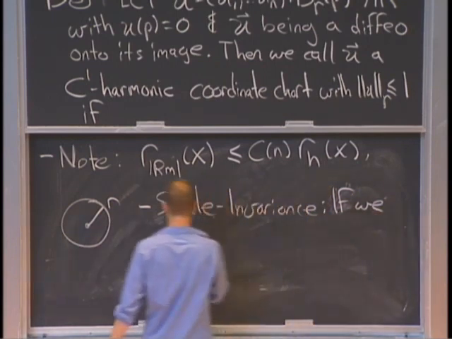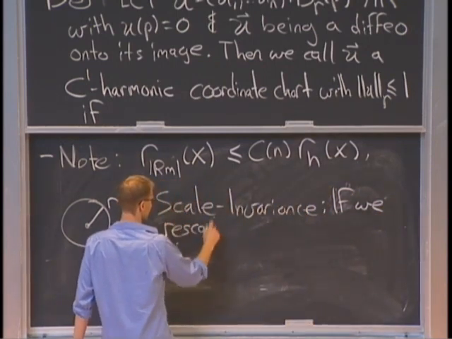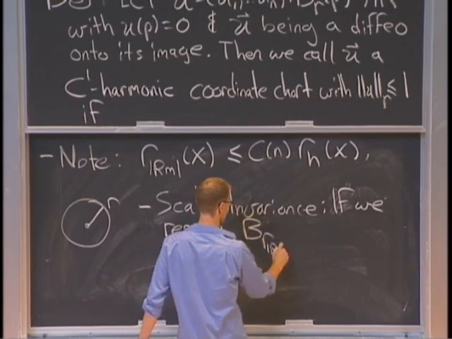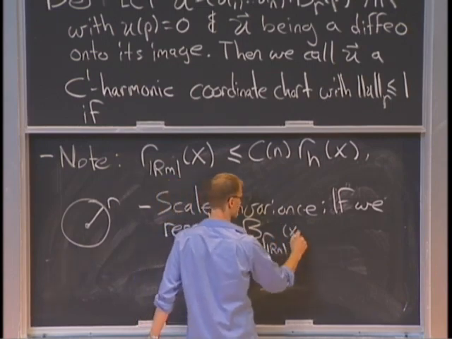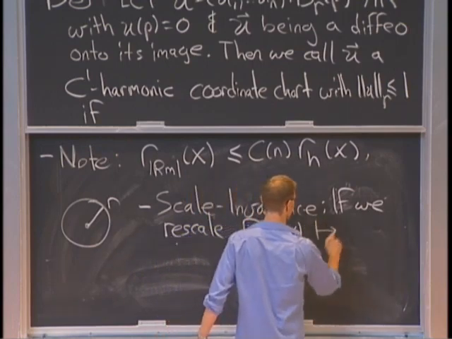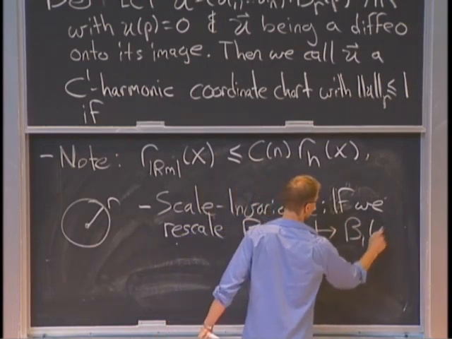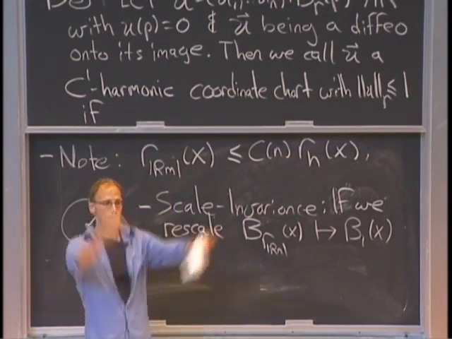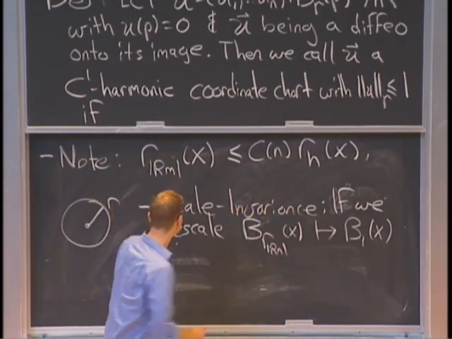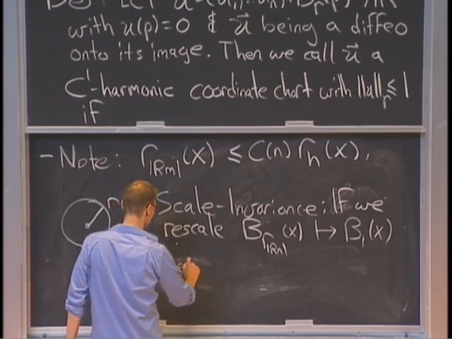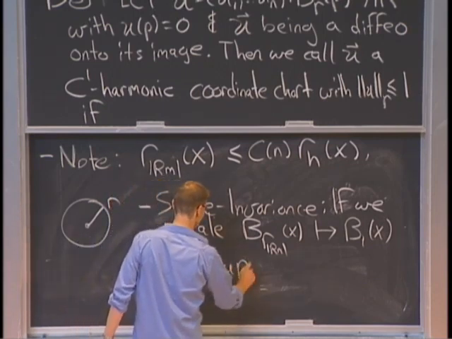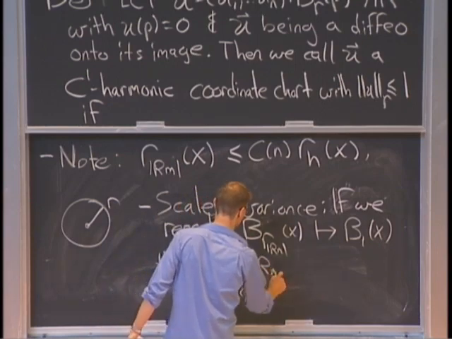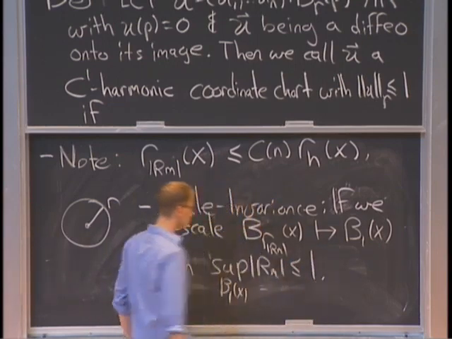If we were to rescale the ball of radius, the regularity scale at the point, to the ball of radius 1, so I'm taking my Riemannian manifold and multiplying the metric by this r to the minus 2, it just takes that ball of radius r to a ball of radius 1. Then after rescaling, the sup on the ball of radius 1 around x of the curvature is bounded above by 1.